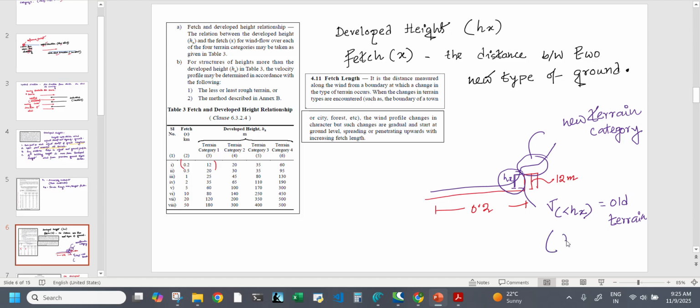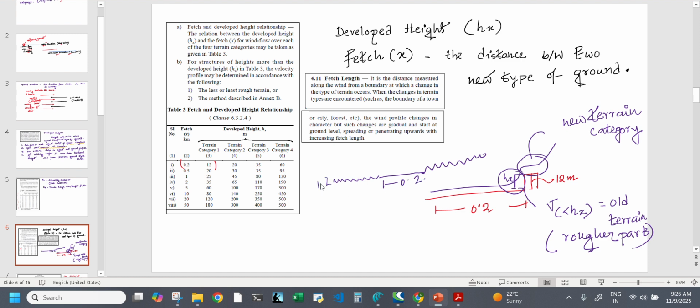Old terrain category means whatever be the rougher part. Suppose the terrain category is 0 point terrain category at fetch length 0.2.